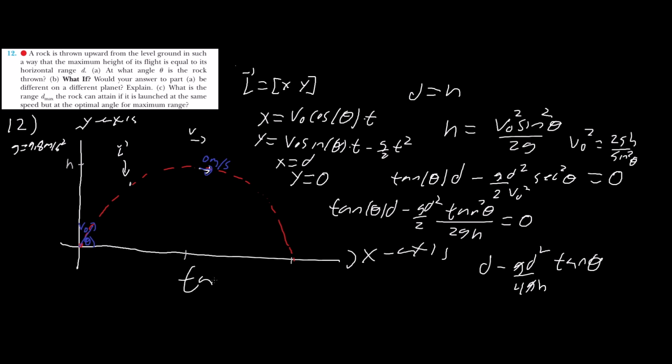The g goes away, so that's going to be 4dh, or in this case, since this is going to be 0, the d is going to be canceled, so that's going to be 4h divided by d, I think.